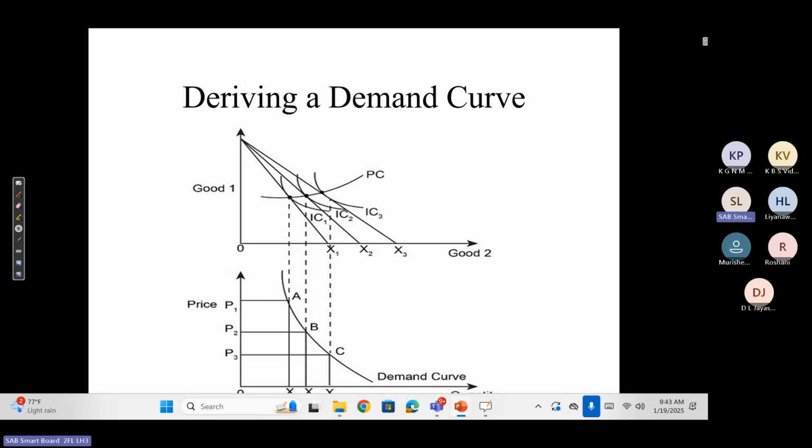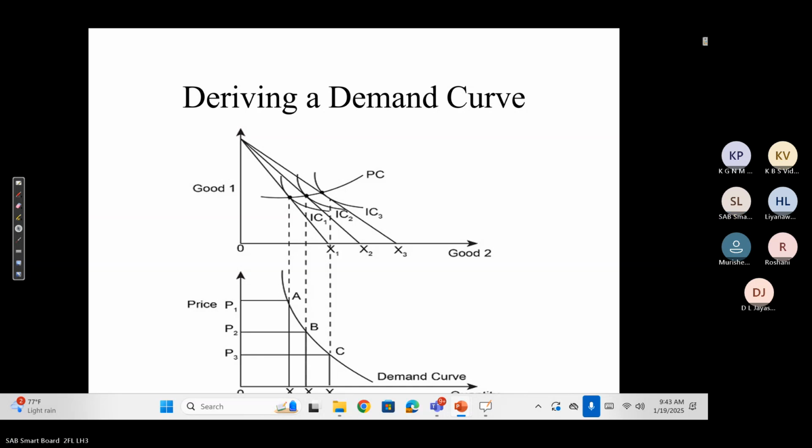Real quantities, with respect to the decrease in the price of product 2. If the price of the product decreases continuously, let's say the price goes from 0 to 1 to 2, the price decreases, so you can consume more of the product. That is explained by X1, X2, X3.